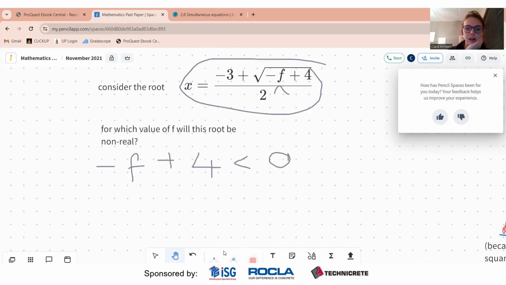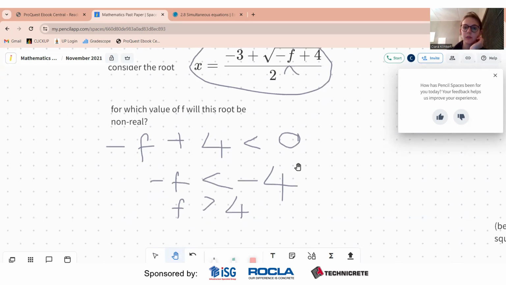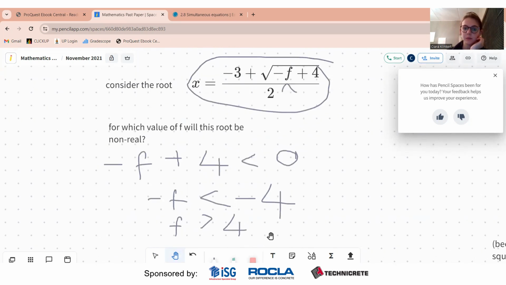Okay, and I simply am going to take my 4 over, becomes -4, and then I'm going to divide out by a negative, and my inequality changes direction. That always happens, by the way. Whenever you divide out by a negative in inequalities, it changes direction. And I see for f greater than 4, I will have a non-real root.